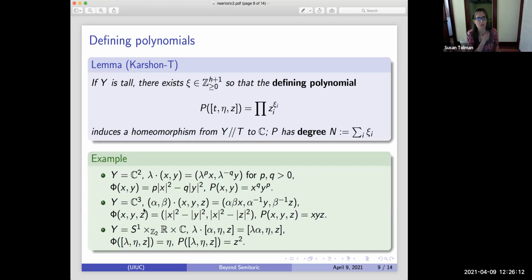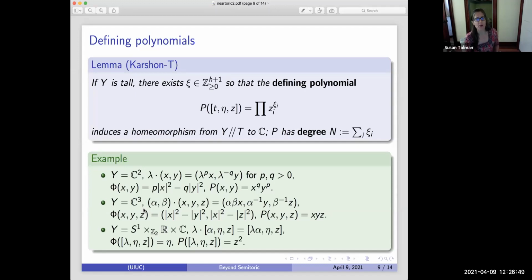In this case, our moment map is norm x squared minus norm y squared, and norm x squared minus norm z squared. And the defining polynomial is x times y times z. Again, it's very easy to check that this is invariant: the x is giving you an alpha beta, the y is giving you an alpha inverse, the z is giving you a beta inverse. When you multiply those three, you're going to get 1. And again, you can check that it's a homeomorphism.